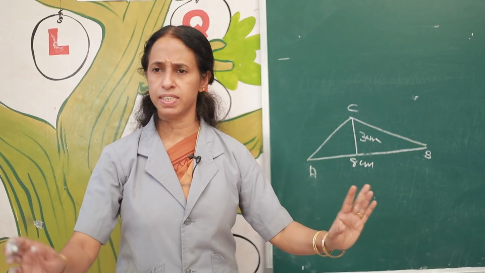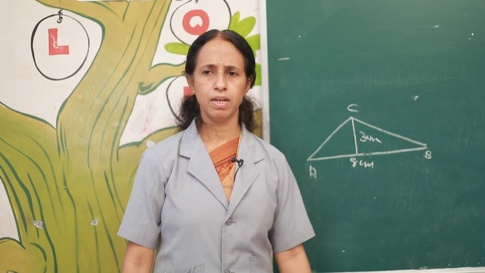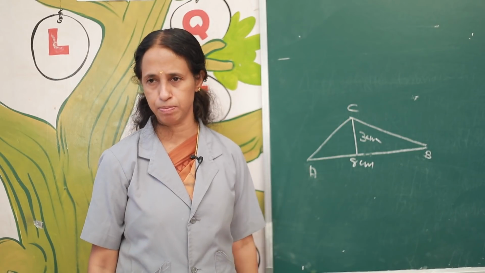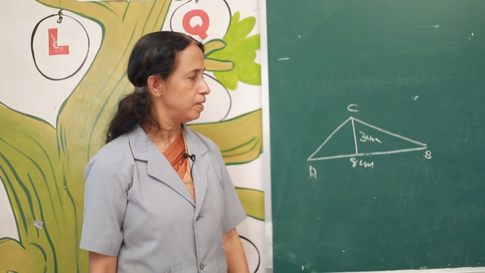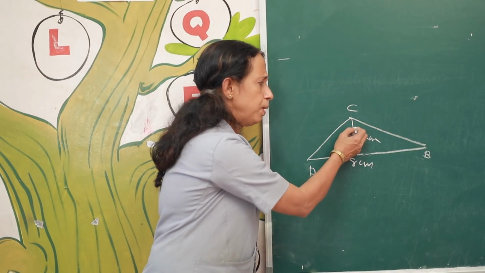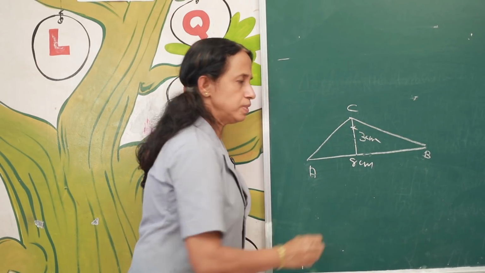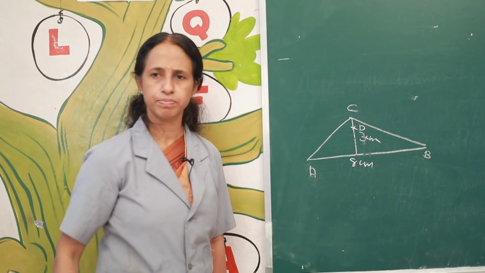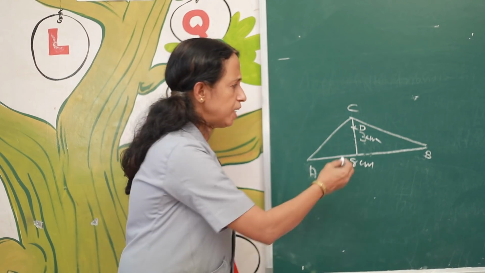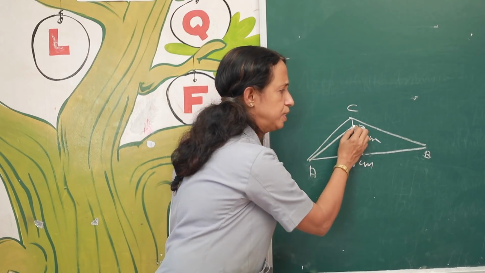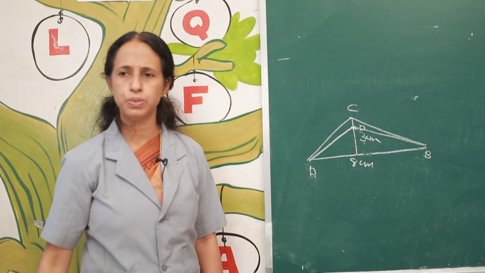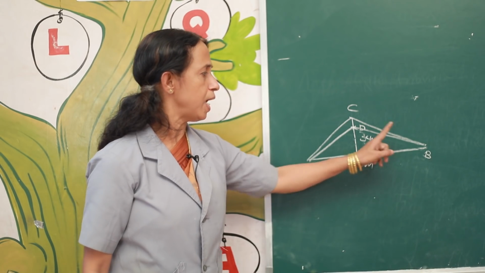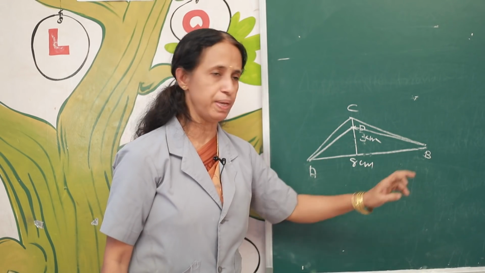Area of this triangle is equal to 12 square centimeter, base is equal to 8 centimeter and height is equal to 3 centimeter. Next, take a point here, D. Connect D to A and D to B. Here are two triangles, triangle ABC and triangle ADB.